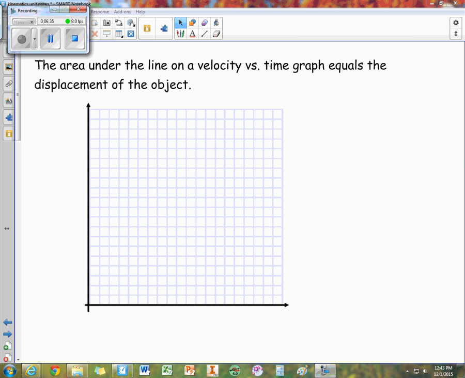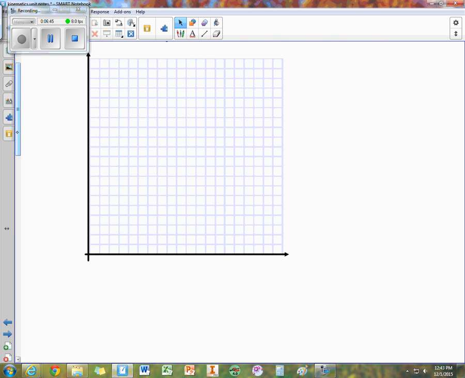Okay, so as I said before, the area under the line on a velocity time graph is the displacement of the object. So let's take a deeper look into that. Let's say I have something that is going from an initial velocity to a final velocity.